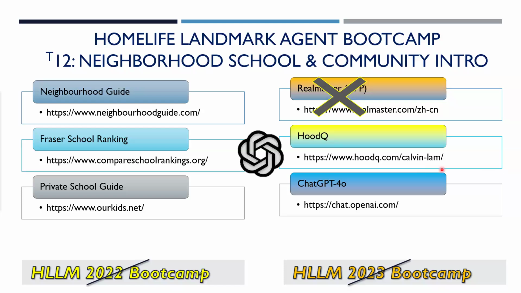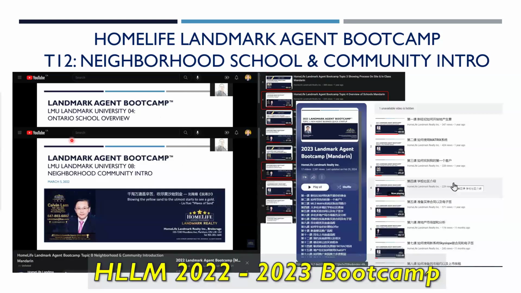So I'm going to go over them one by one, but all this can be found in the Bootcamp 2022 and 2023, okay, last year. And this year, this is the first time talking about the neighborhood, school and community for this Bootcamp training, the agent Bootcamp. Number 8 talks about this, this is 2022, I think, okay? And number 4 talks about school.